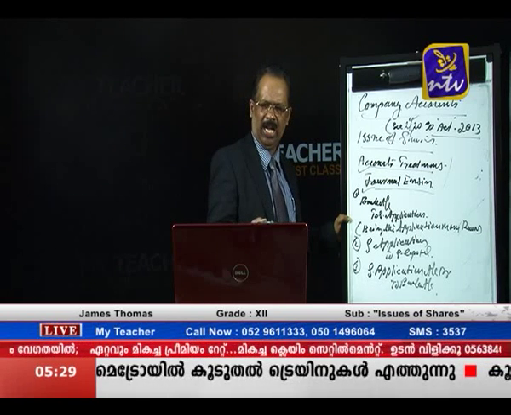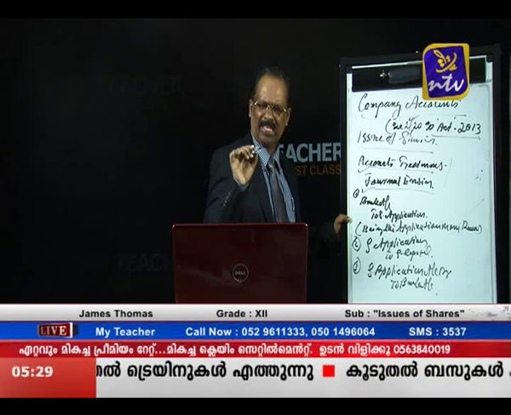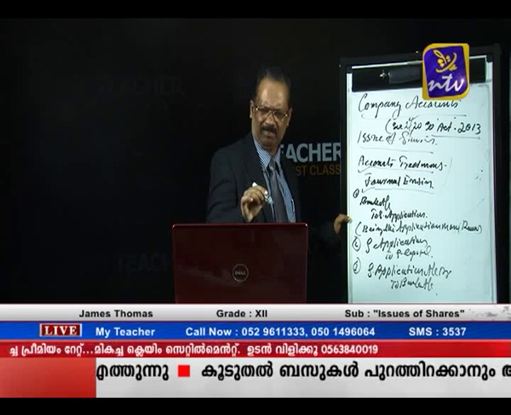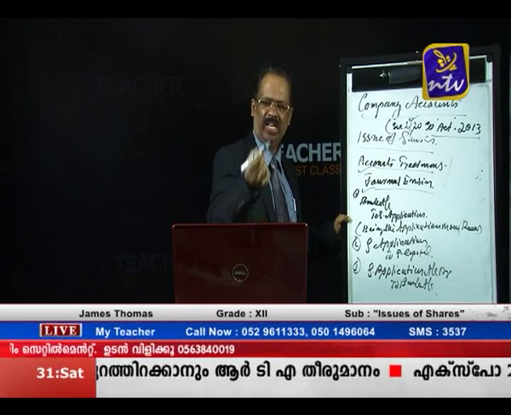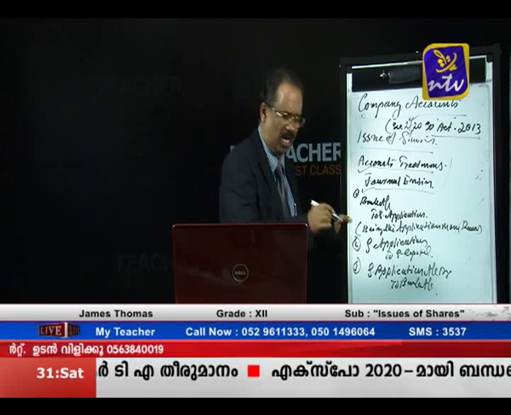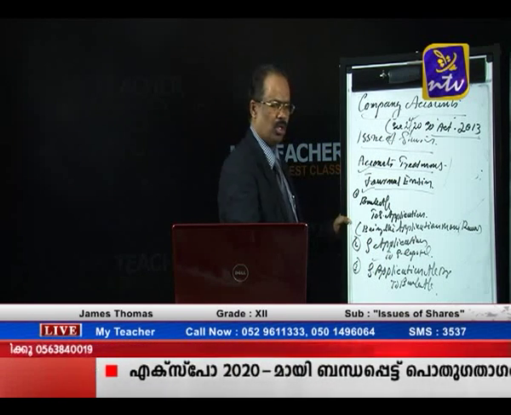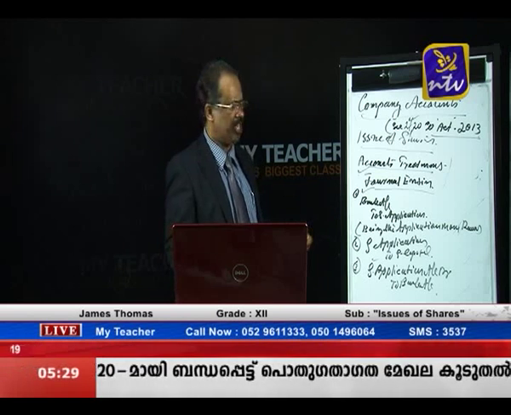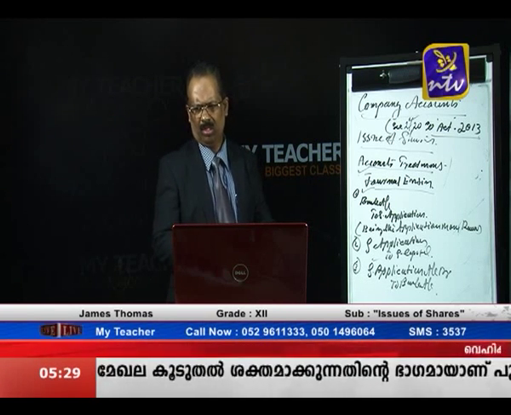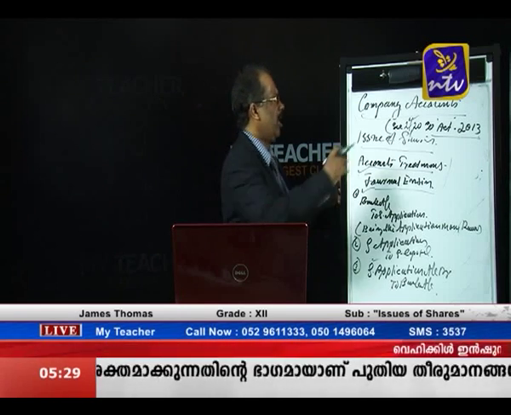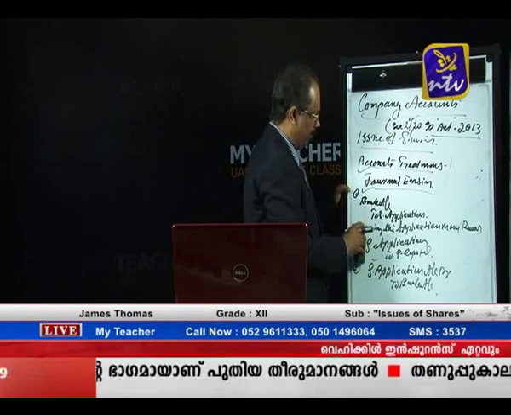The second procedure: if any excess application money is there, the directors can either reject it or internally adjust it. This journal entry belongs to the rejection: share application account debit to bank account. So the first part is over. Now the next part is allotment money due.